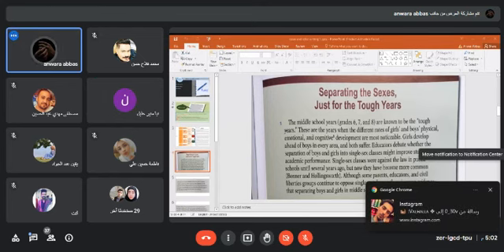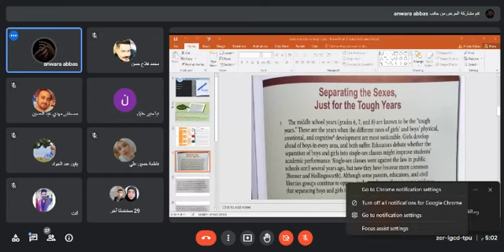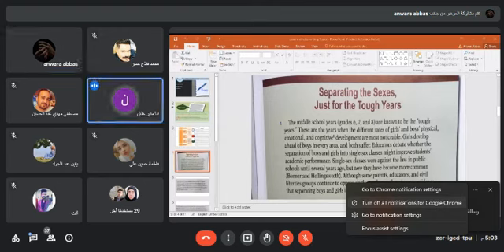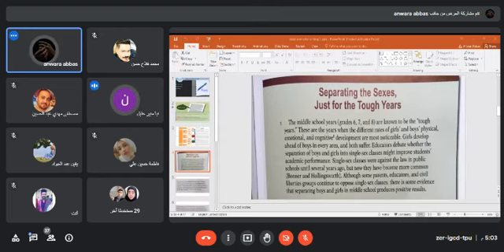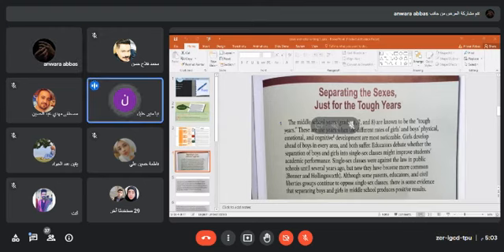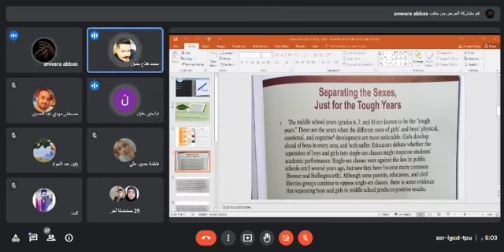Yes, there is some statement in which the author directly states that. I think separating boys and girls in middle school predicts positive results. Yes, exactly, the last sentence.